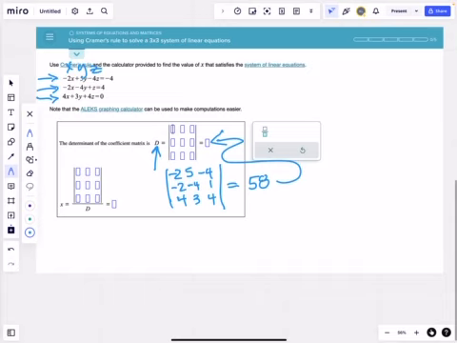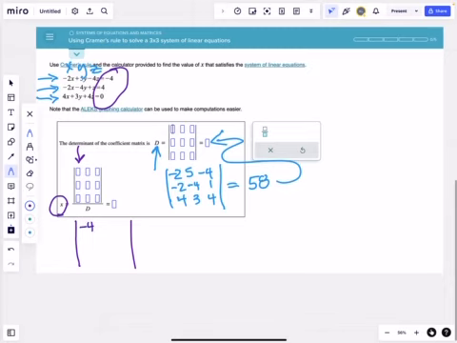We're going to look at what we're solving for, and we're solving for x. That means that the column that represents x, which is this one, is going to be replaced with the constants, which is this.